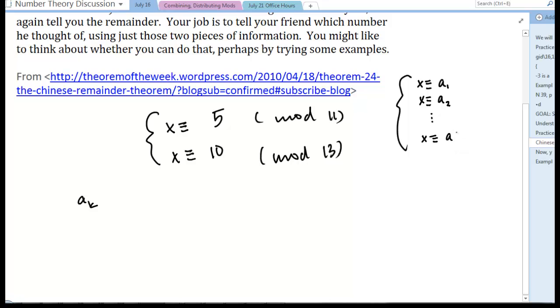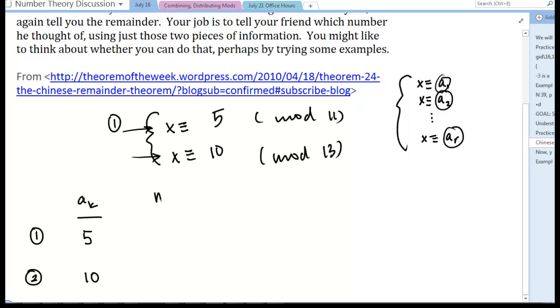So we're interested in this particular integer. I'm going to have 2 rows in my table for my 2 congruences. Let me label them here. So this represents congruence 1. I'm going to put all the information in there, okay? So I'm going to put 5 here for that first equation. For the second equation, I'm going to write 10.